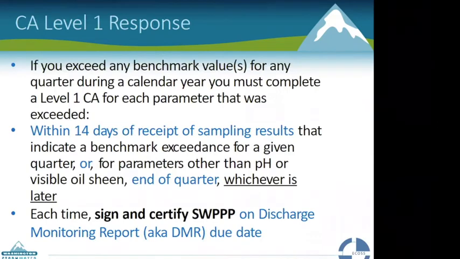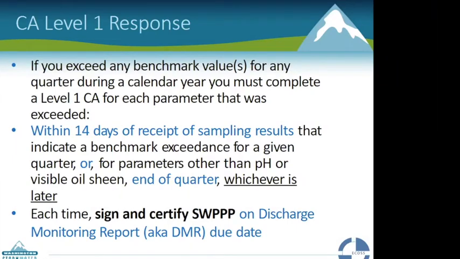So what that looks like is, if you exceeded a benchmark value for any quarter during a calendar year, you have to complete a Level 1 corrective action within 14 days of receipt of sampling results that indicate a benchmark exceeded for a given quarter, or, for parameters other than pH and visible oil sheen, by the end of the quarter, whichever is later. So if you have a pH or oil sheen issue, you need to address that within 14 days. If it's other than that, you need to address it at the end of the quarter.